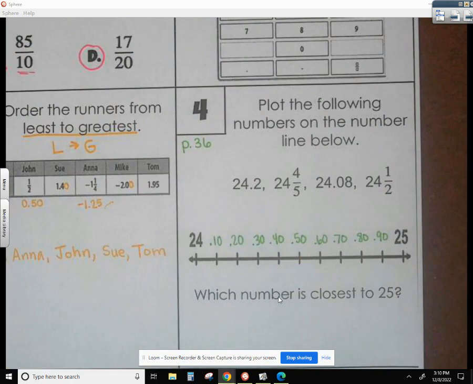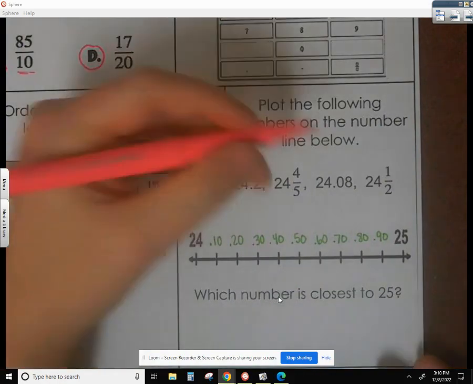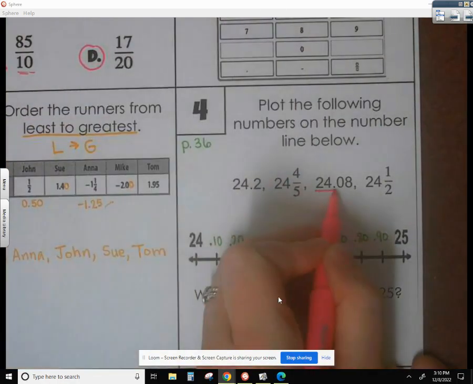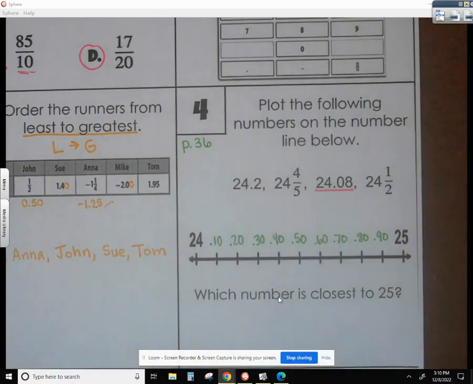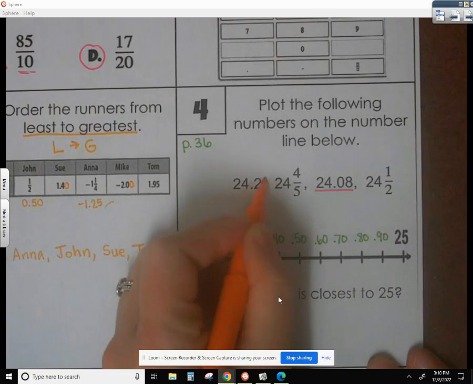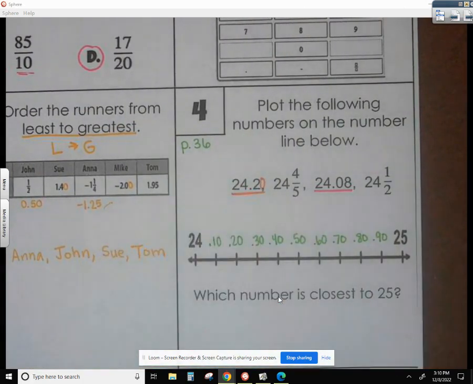So doing that ahead of time is going to help us when it comes time to put these on the number line. So I'm going to start with this one right here. This already looks like money, so I don't have to do anything there. It would be $24.08. The next easiest one is right here. I could just add a 0 there, and I've got $24.20.